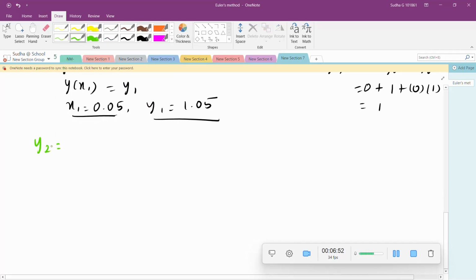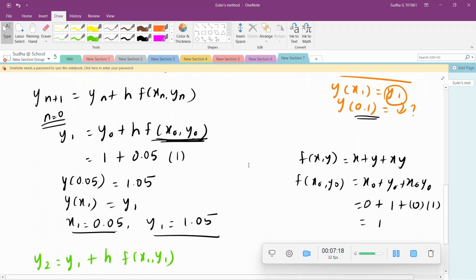So y2 equal to y1 plus h f of x1 comma y1. So here y1 value 1.05, h value 0.05.